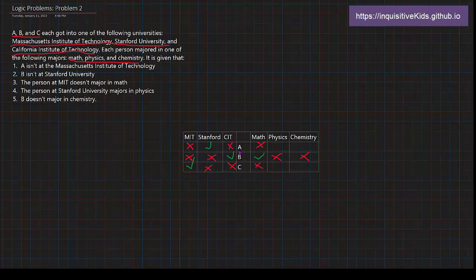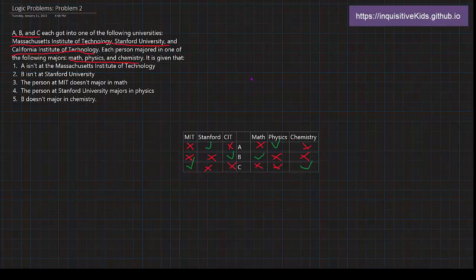Who is at Stanford though? That's A, which means that A majors in physics. So it means that A does not major in chemistry and that C does not major in physics either. So that only leaves C with chemistry, right?